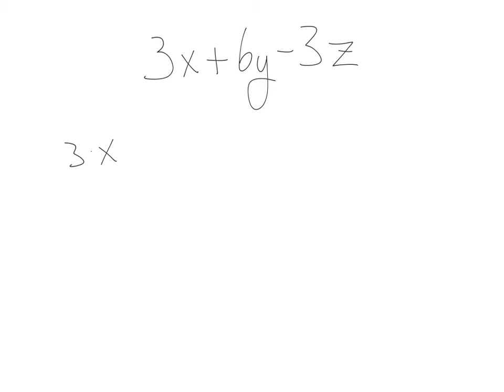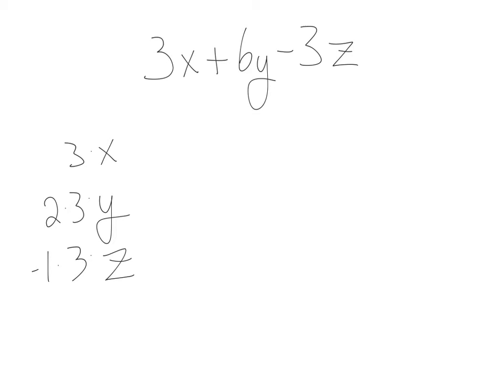So let's say we wanted to factor something out of this polynomial, 3x plus 6y minus 3z. You have to try to figure out what is the common factor of all of these, and you could do a prime factorization to figure it out. 3x breaks down to 3 times x, that's pretty easy. 6 breaks down to 2 times 3 times y, and negative 3z breaks down to negative 1, 3, and z.